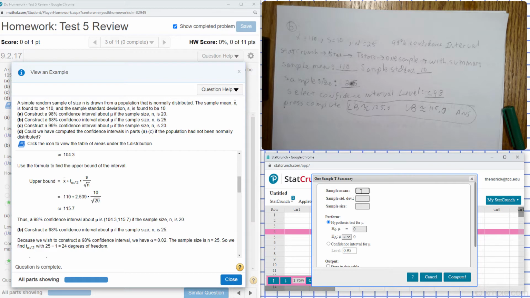The sample mean is 110, the sample standard deviation is 10, and the sample size in this case is 25.